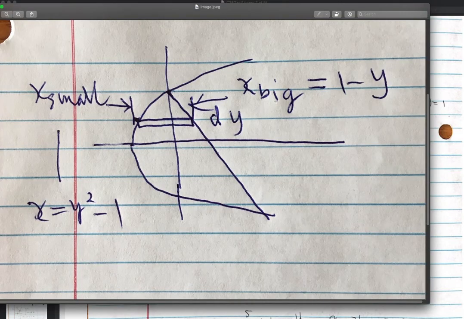This is how I get x big, from the straight line given as x plus y equals 1. X small is from the parabola given as x plus 1 equals y squared. So I subtract those two x values and I get the length of the line segment. dy is part of the product. Times dy, I got the area of the rectangle.